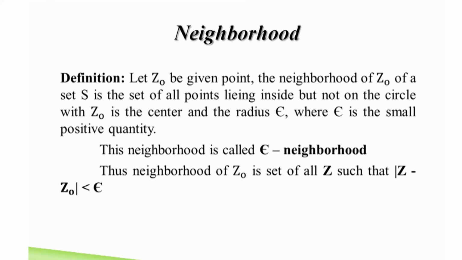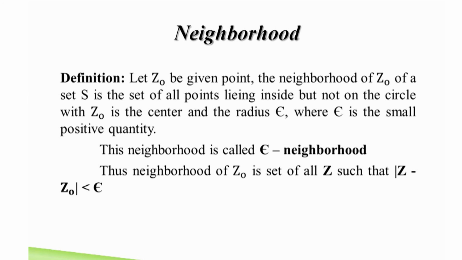First of all, we will define what we mean by the neighborhood of a point. If you are considering neighborhood, it is also called circular neighborhood. You take a point z0, a given point in the set of complex numbers.